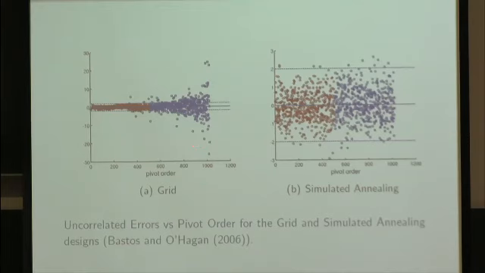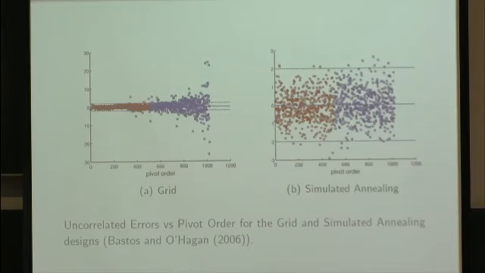When you're doing validation of a Gaussian process using the Mahalanobis error, you can decompose it into what's called uncorrelated errors. Essentially you take a Cholesky decomposition of the Mahalanobis error, and looking at this decomposition can tell you a lot about the source of your validation errors. Here I'm comparing a grid design with a simulated annealing optimal design.